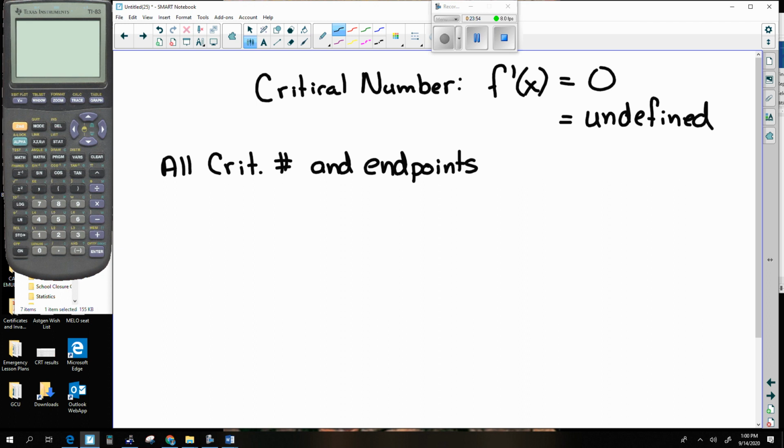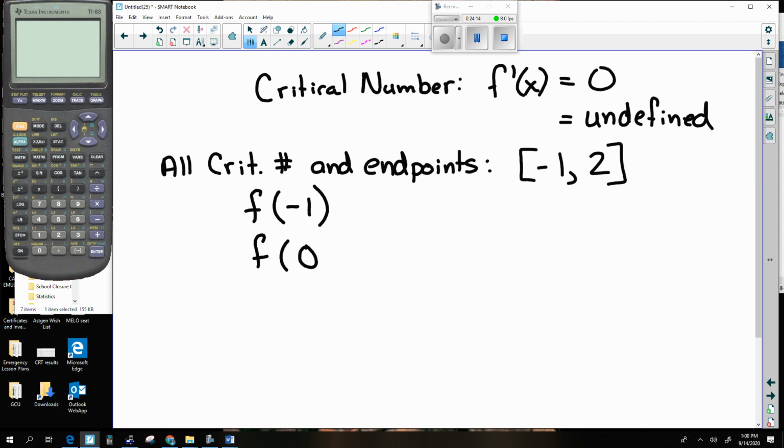And so let's say we did that, and let's say we are on an interval that is, like, -1 to 2 or something like that. And we found some critical numbers on that. Let's say we had a critical number at 0, and a critical number at 1/2, and then we obviously have to use the endpoints as well.